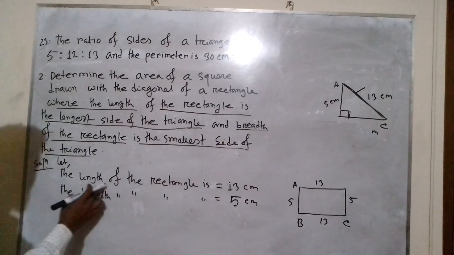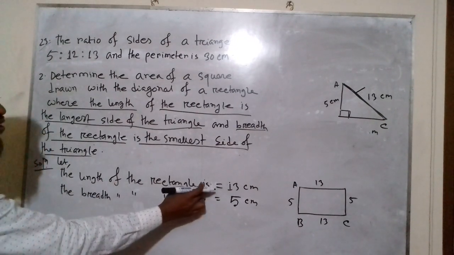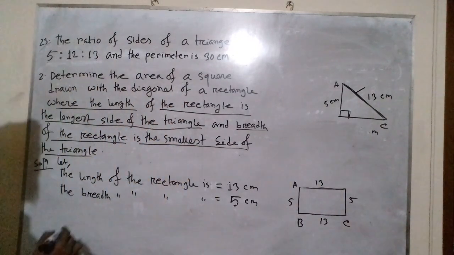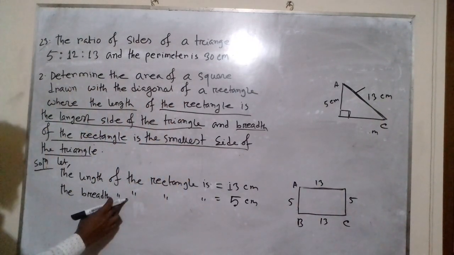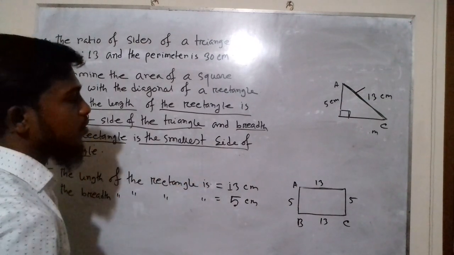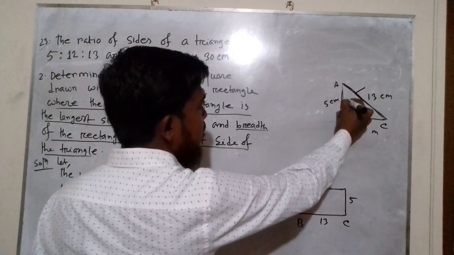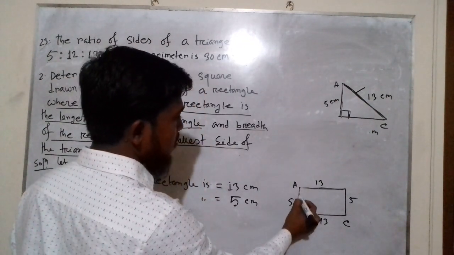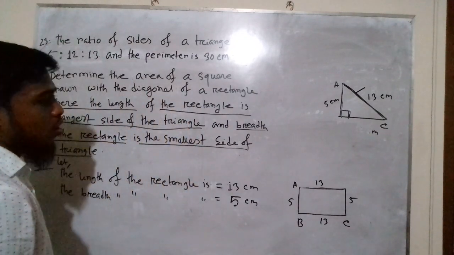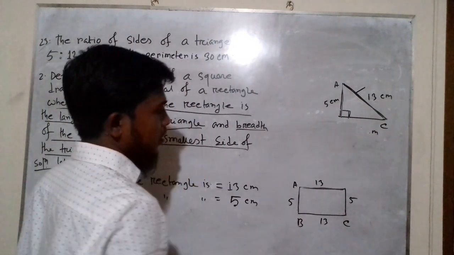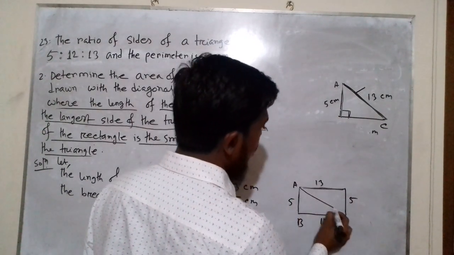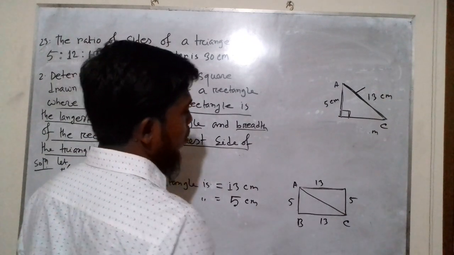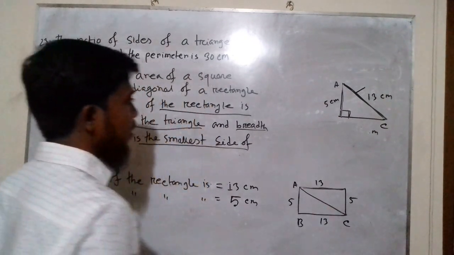And the breadth of the rectangle is 5 centimeter, because 5 is the smallest side of this triangle. So find out the value of the diagonal of this rectangle.